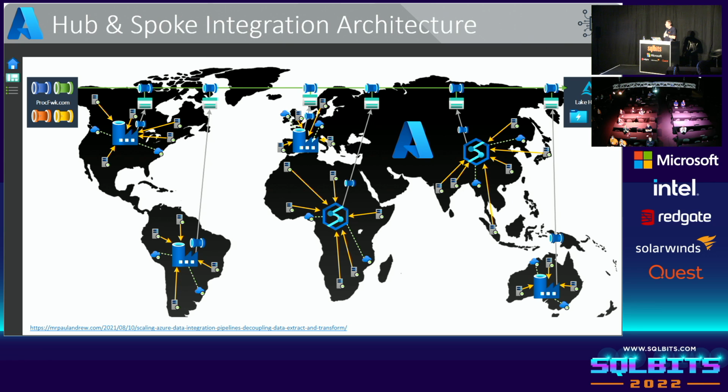So we had all of these data factories for their 4 environments. In this hub and spoke, we've got these landing zones as the hubs, if you like. We've got self-hosted integration runtimes at those sites. We bring all of that data into the landing zone, and we then take it forward into a data warehouse, or a lake house, sure.